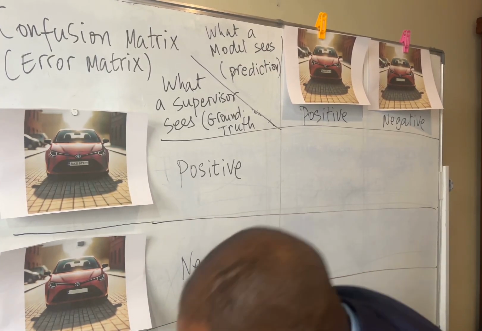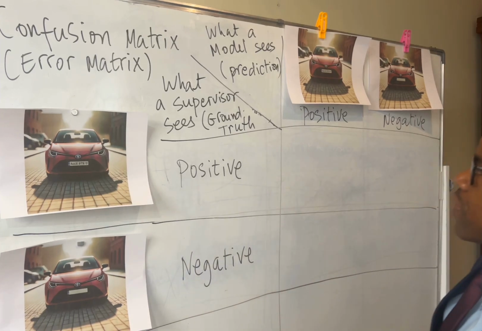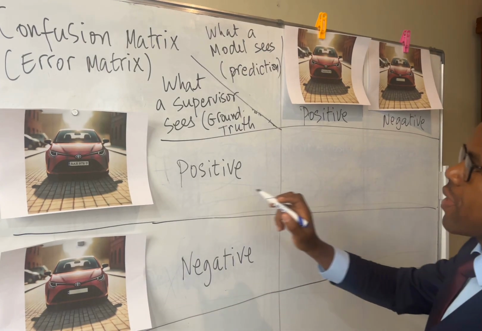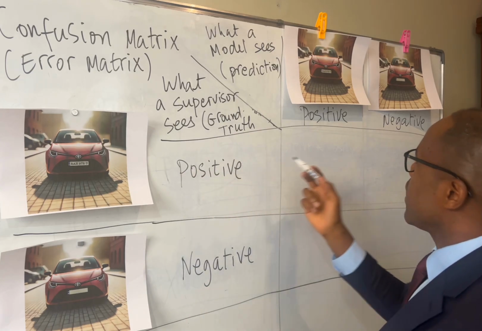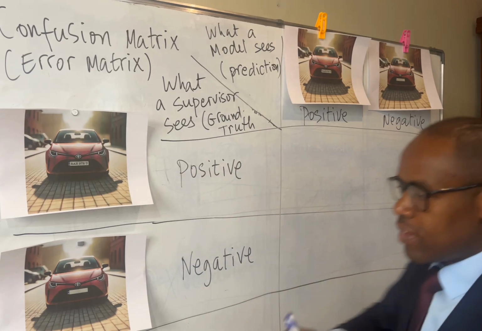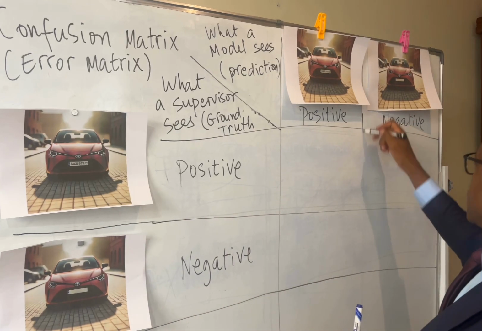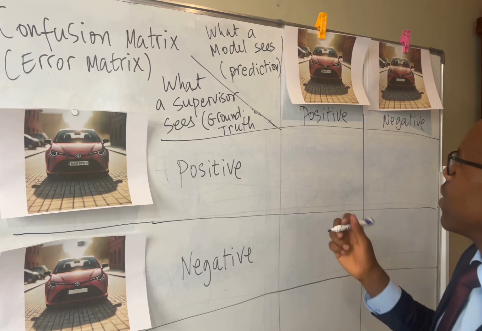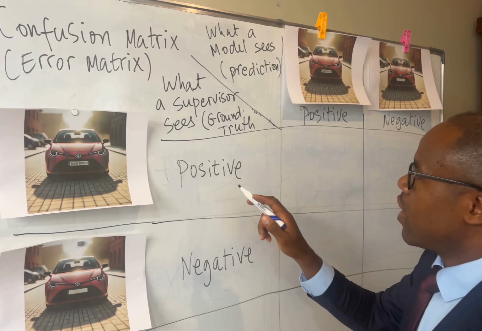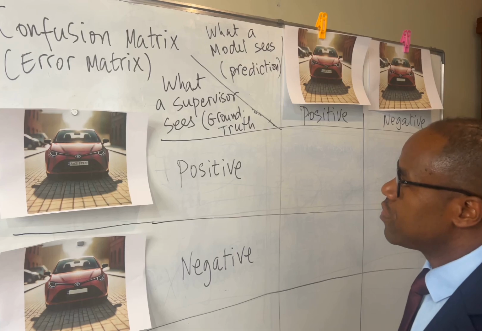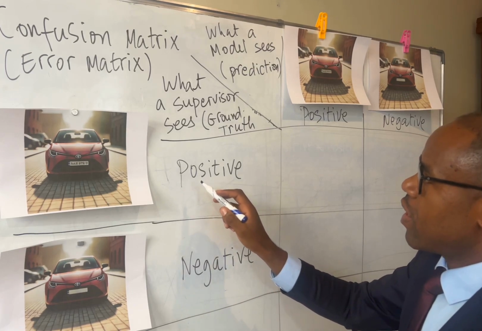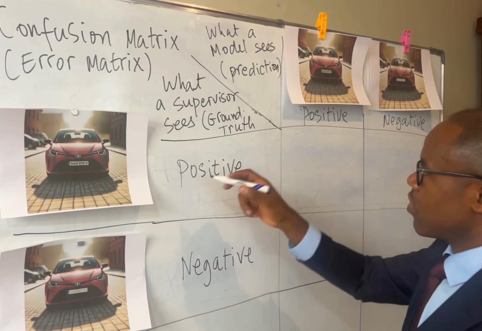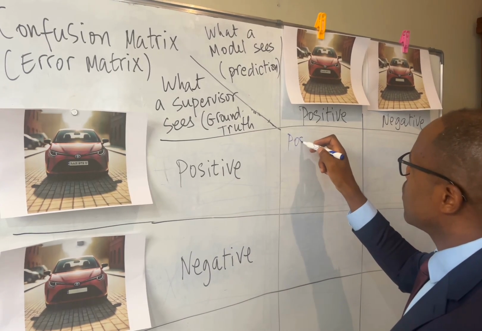Let's now find the matrix. I see the number, and the model sees it too.